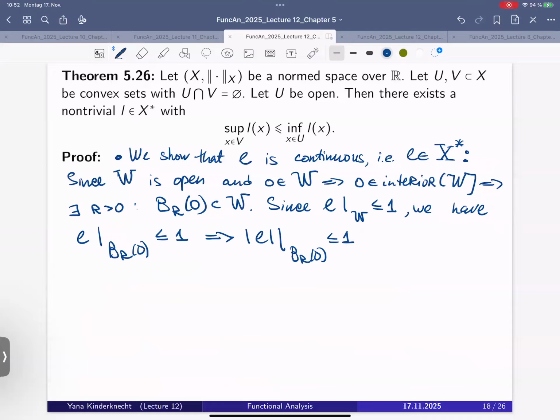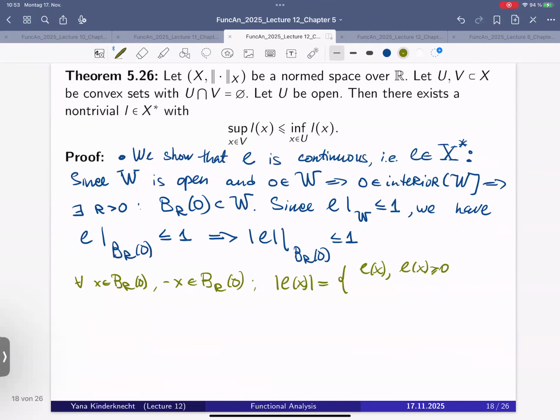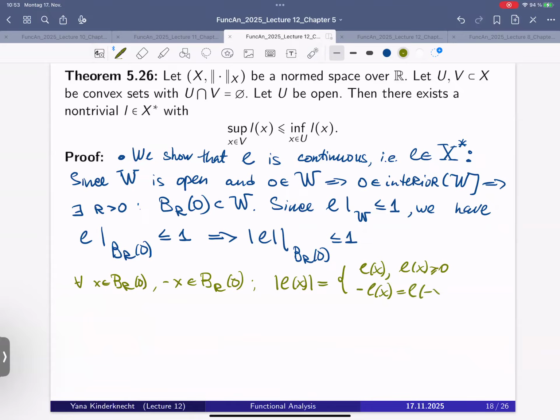So what has happened? For any x in this open ball, minus x also belongs to this open ball. And so this absolute value of L of x is L of x if L of x is not negative, and minus L of x, which is L of minus x, if L of x is negative.